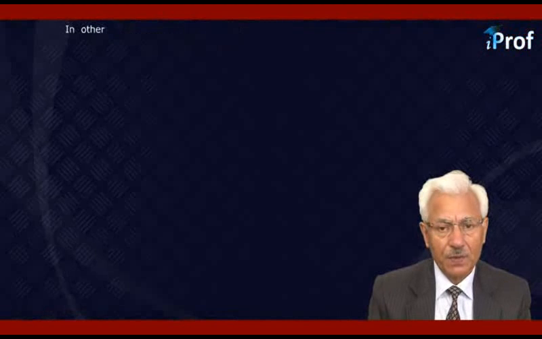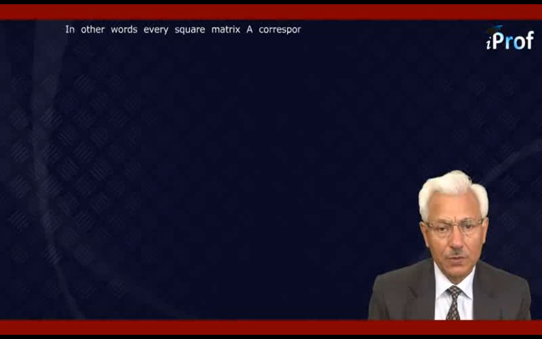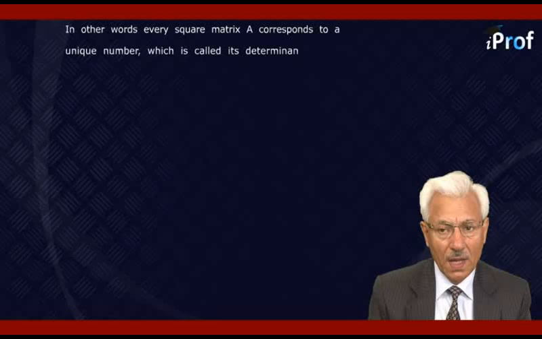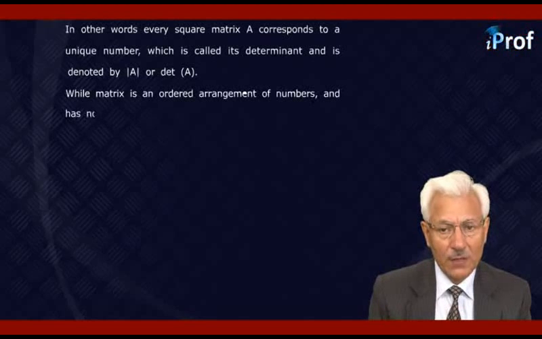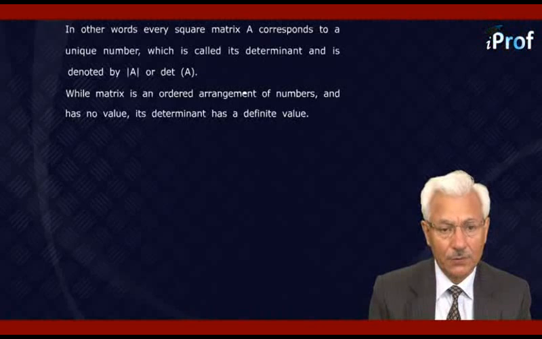In other words, every square matrix A corresponds to a unique number which is called its determinant and is denoted by mod of A or determinant of A. While a matrix is an ordered arrangement of numbers and has no value, its determinant has a definite value.